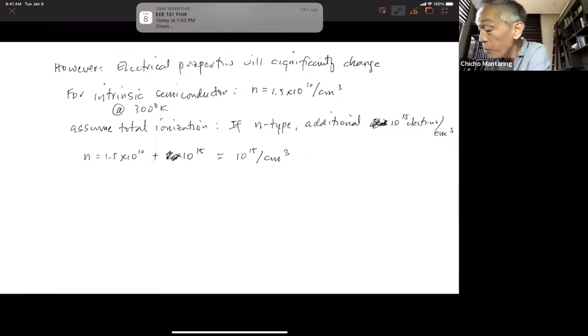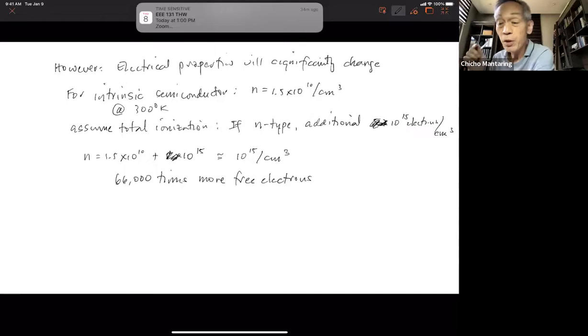If you compare 10 to the 15 with the original 1.5 times 10 to the 10, this is 66,000 times more free electrons. Your doped semiconductor would have 66,000 times more free electrons than your pure semiconductor. So while your physical properties do not change, it will look, smell, taste the same, the electrical properties will change significantly.